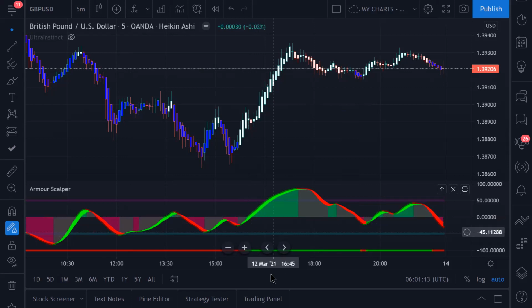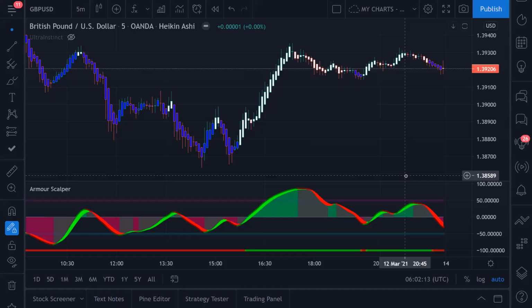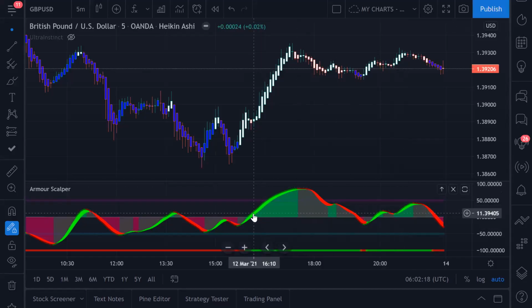Okay, let's resume. So when this wave is green, which means the money is coming into the market, and then the background is green, it means money is incoming to the market, and this is a solid buy signal, which means you can enter the trade.